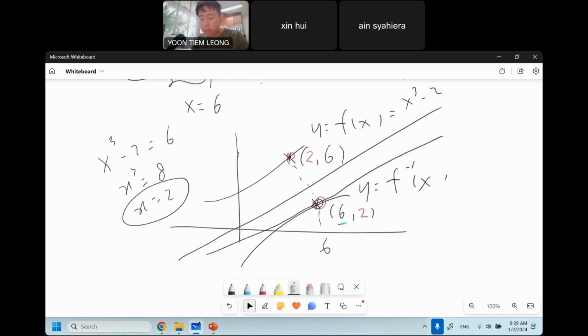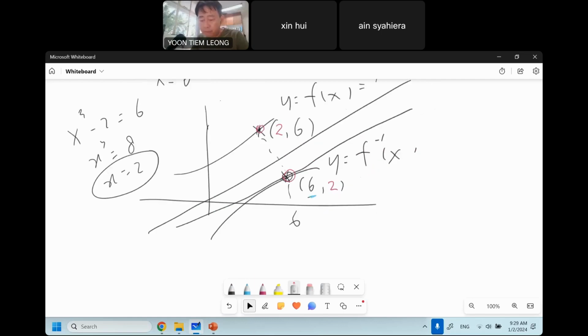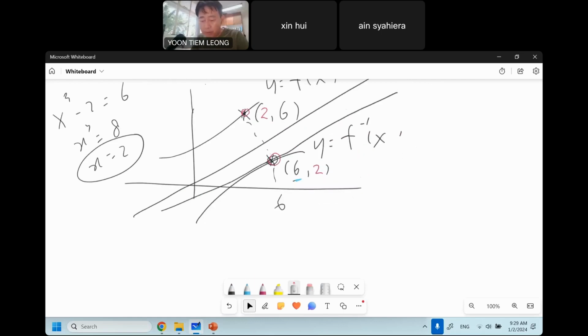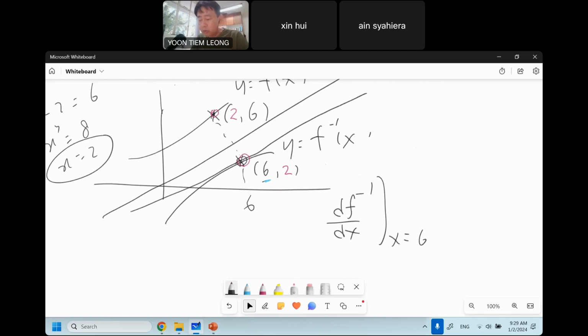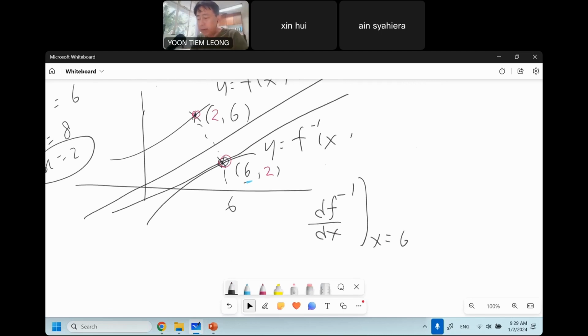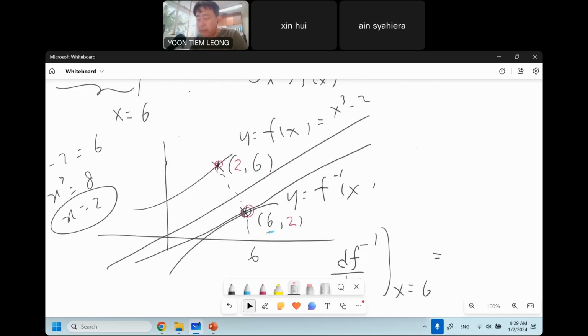So now your job is to find out what is the derivative of the inverse of the function when x is equal to 6. Okay, so that means you need to know what is the derivative at this point. So if you know what is the derivative at this point on the curve of y equals f(x), then the derivative at this point simply equals 1 over the derivative at this point.